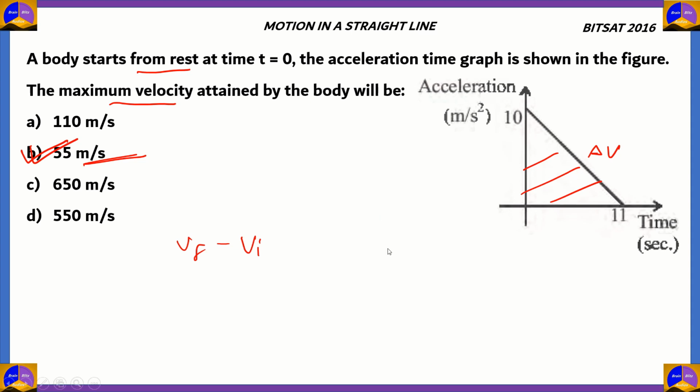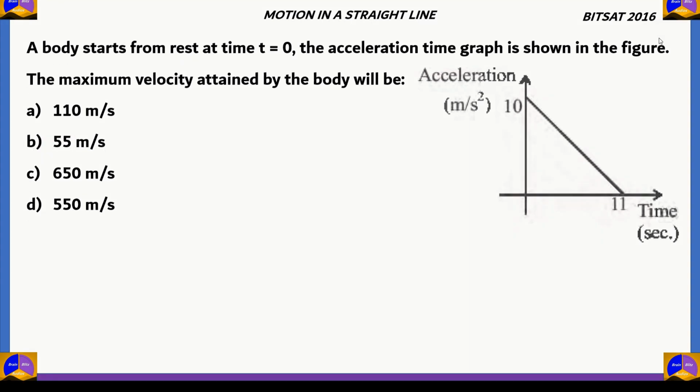That's the formula for delta v. And finding out delta v is easy. You just have to find the area of the triangle formed by the graph. So that's half bh, so half into 11 times 10, that gives you 55. So 55 meters per second is the correct answer for this question. Option B is the correct option for this question asked in 2016.